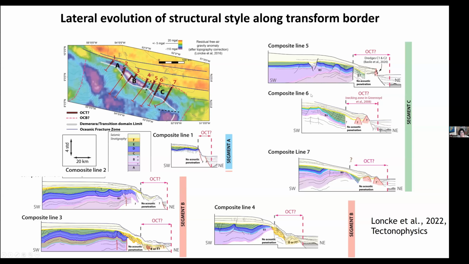And you can see that in some places there are sort of marginal ridges, which are less impressive than what we can see along the Côte d'Ivoire-Ghana margin, but which could be such a relief. In fact, they are only represented in the purely transform sections. You see, when we are oblique, the system is different with tilted blocks.